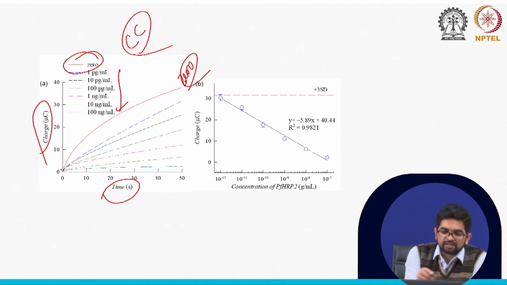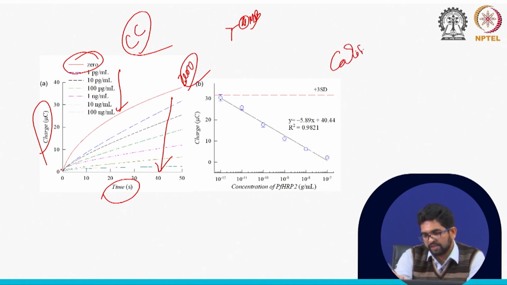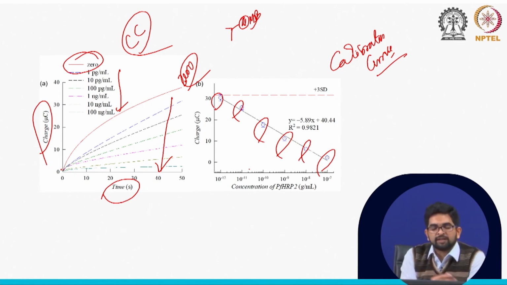So if we increase the concentration of target, it means our methylene blue concentration will be increased, and see, slowly this charge is decreasing, right? And we can make the calibration curve then. So different calibrations that you know, right? Different concentrations you can make, and then you can determine the unknown concentrations.